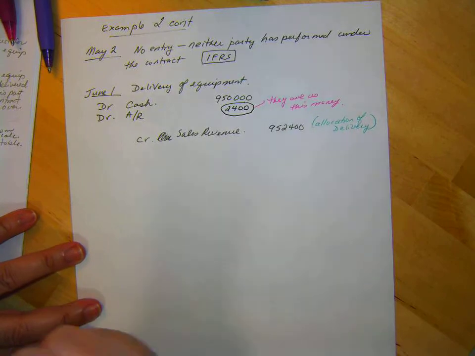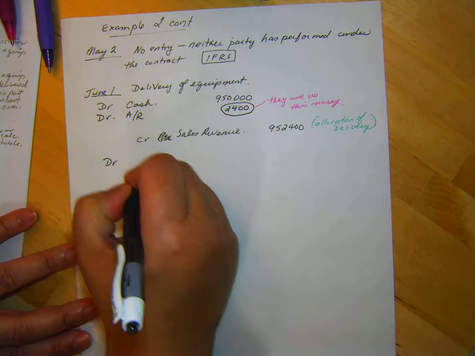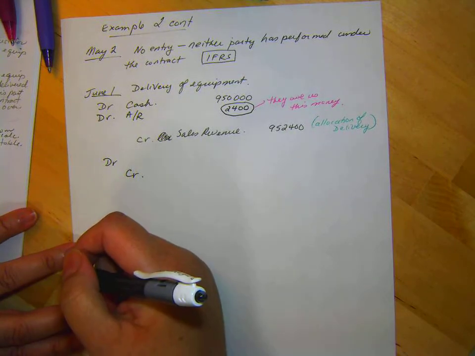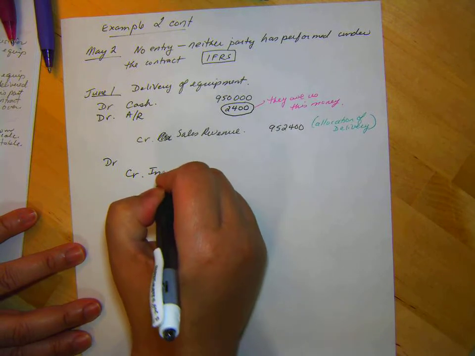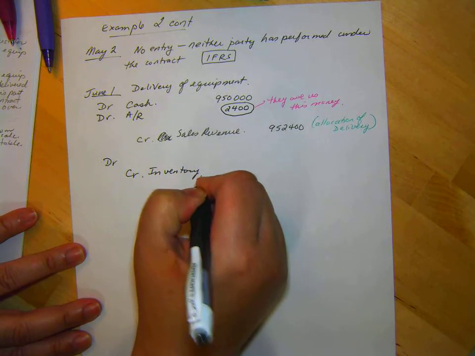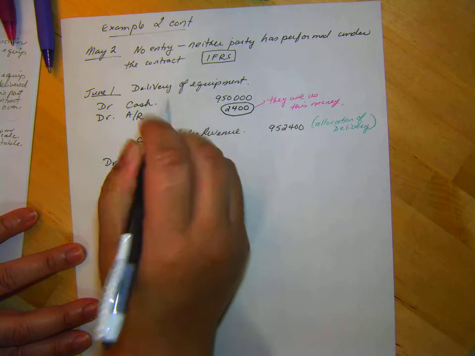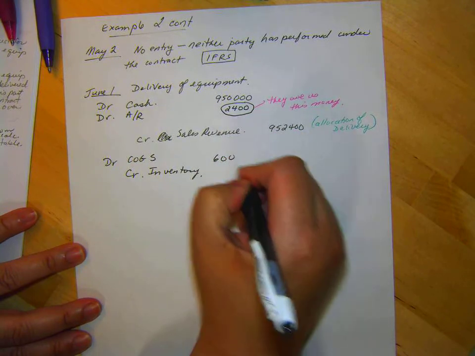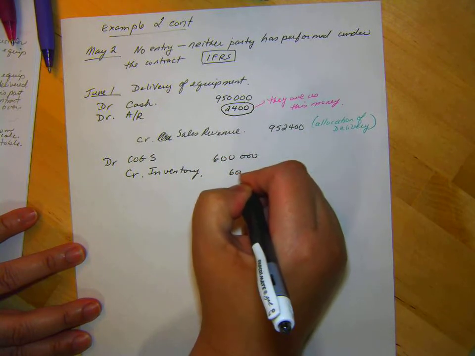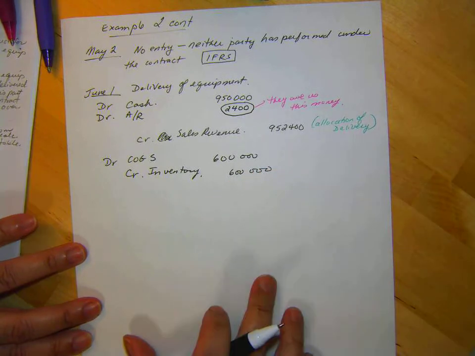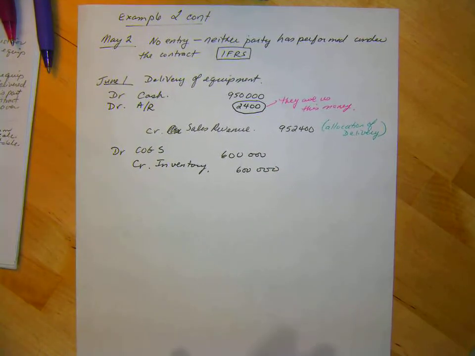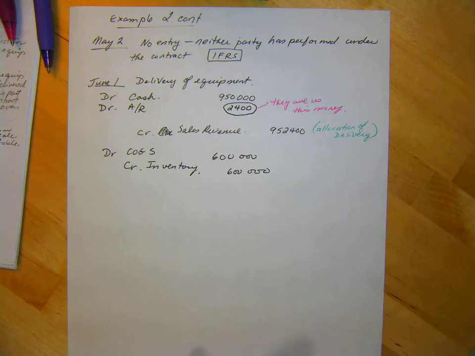Okay, also, what left our business? Inventory left. So we're going to credit it, and cost of goods sold, and they told us it was $600. The cost is the cost, okay? You don't have to allocate that.